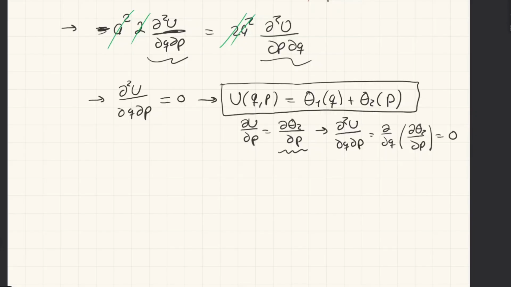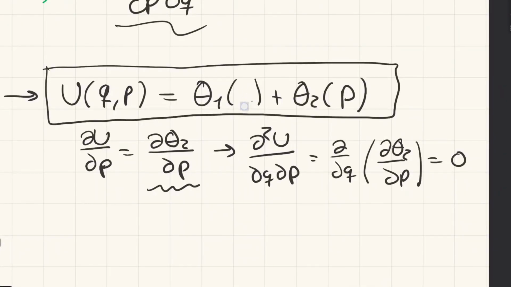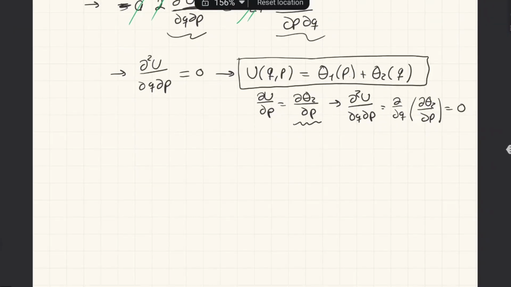But we know, and let me write this as theta 1 of p and theta 2 of q, just because, well, we are taking as our first variable the p, right? Just let me remind you that p was defined to be equal to x minus at.